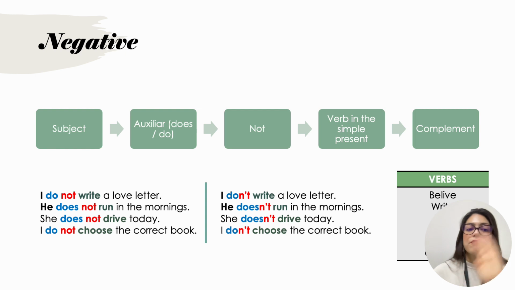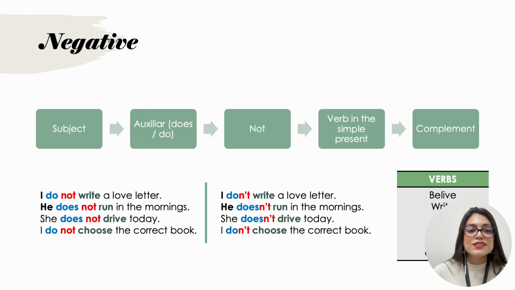So, remember first our subject, then the auxiliary, then the word not, then the verb in the simple present, and finally the complement, okay? So, for example, I do not write a love letter. He does not run in the mornings. She does not drive today. And I do not choose the correct book, okay?